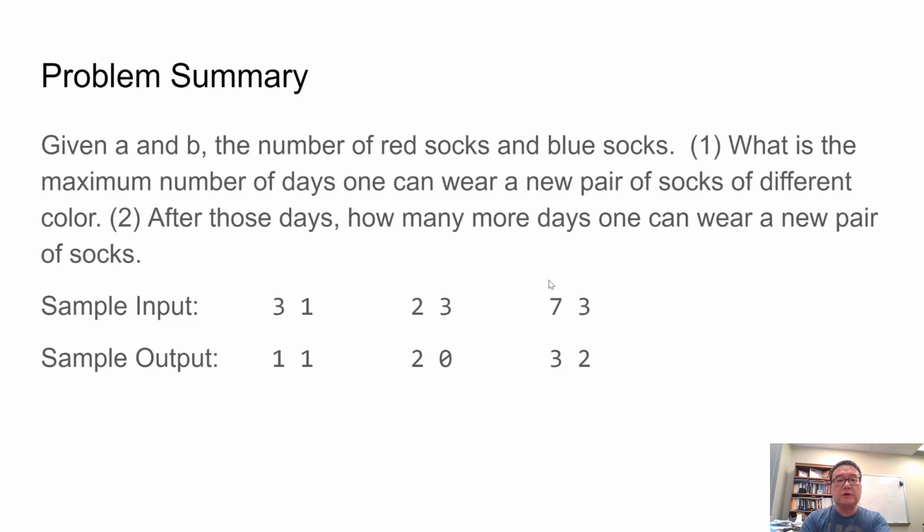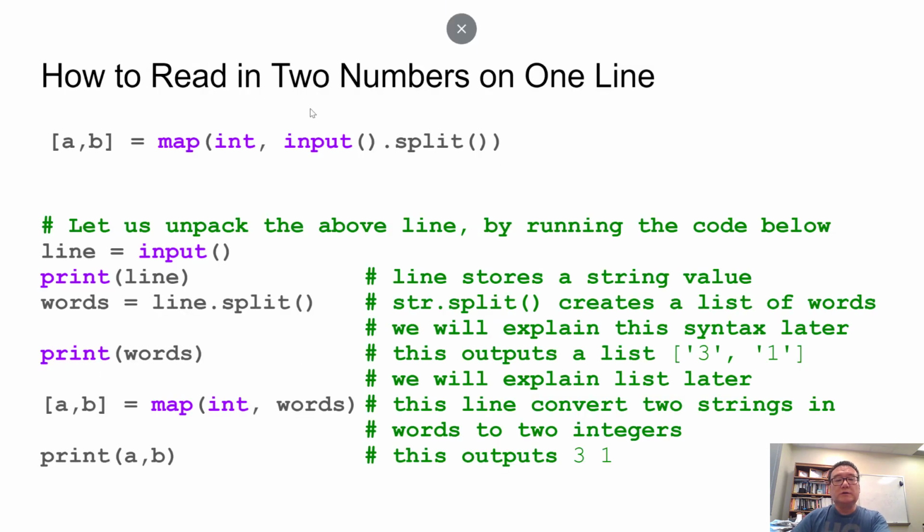As always, you should try to solve the problem yourself and see whether that works. The first thing we need to do is to read the two numbers that are on one line. This is something new, and this is the line of code for doing that. It is actually a complicated line of code.